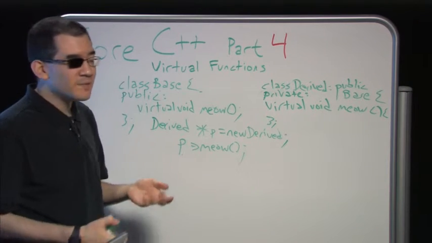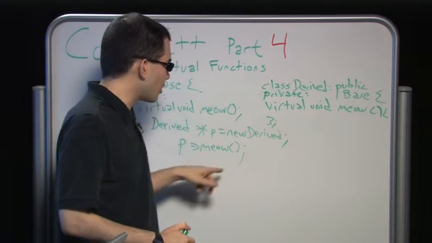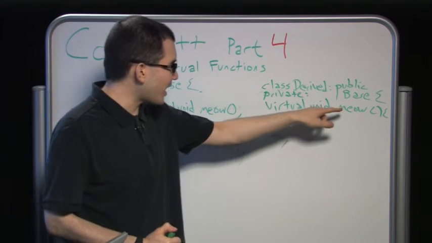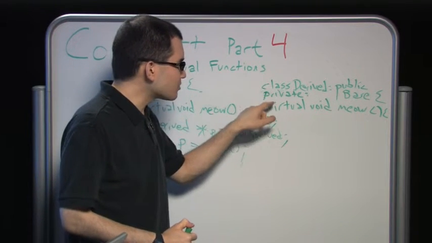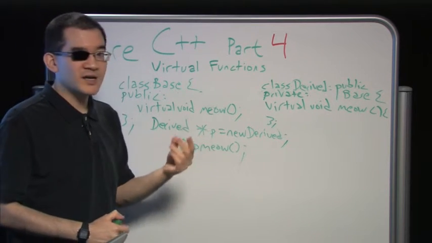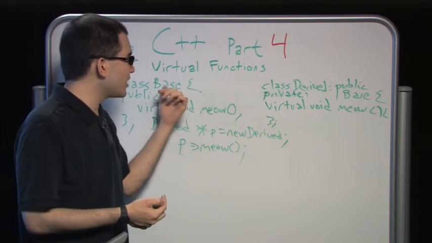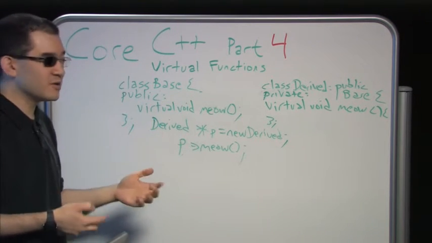The static type of deref p is derived. Okay, so let's go look up access control. You're attempting to call meow, and wait, meow is private here. So this will fail to compile because the access control check is applied statically. The compiler doesn't even care that it really is overriding this function that's public and that you could invoke it.